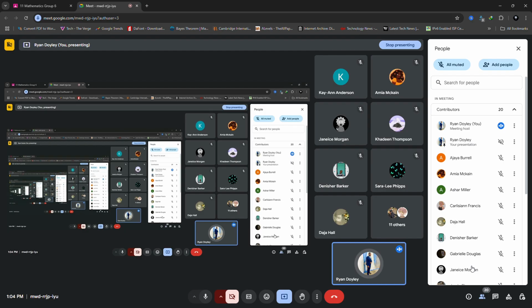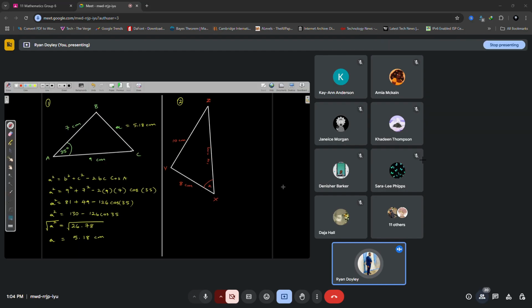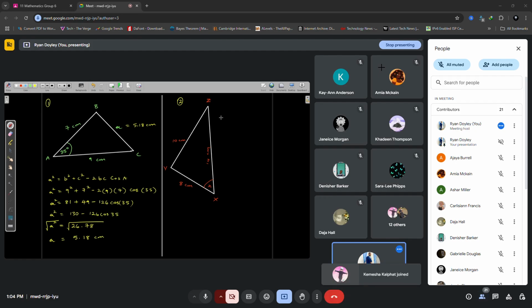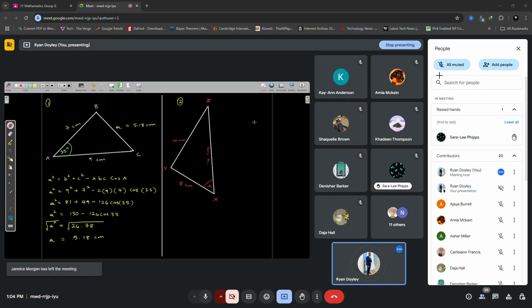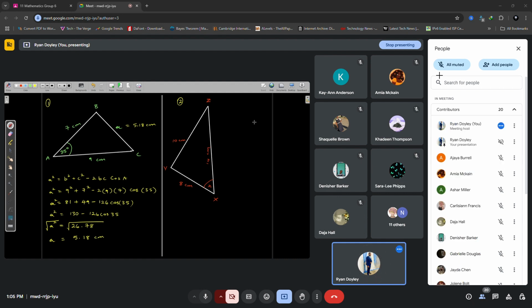Or in the interest of time, if anyone has the solution to this one, just give me your answer here. Which variation can we use? Or how do we write or set out this question? Nobody did this one?